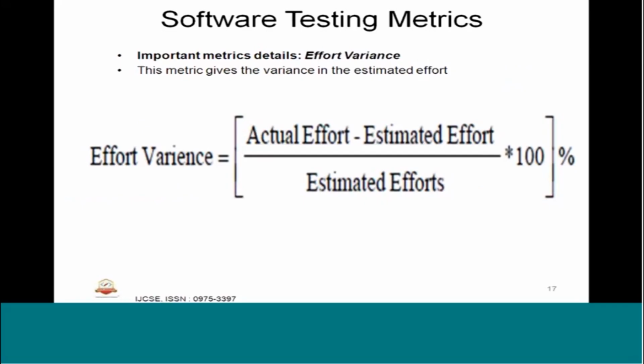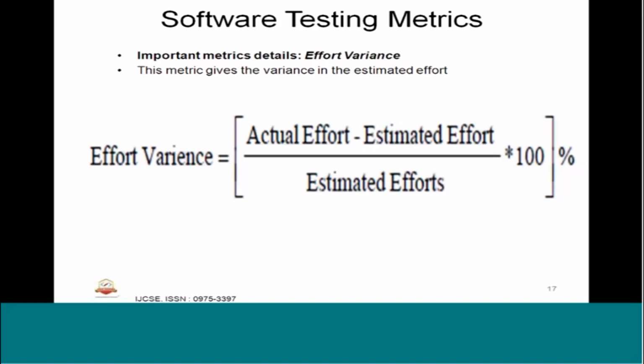Then there are two important metrics for progress on embedded software testing: schedule variance and effort variance. Actual effort minus estimated effort, divided by estimated effort, times 100 is the effort variance. This should not be more than 5%.